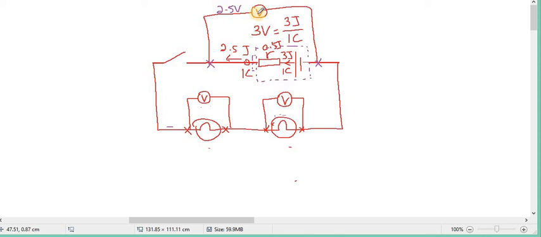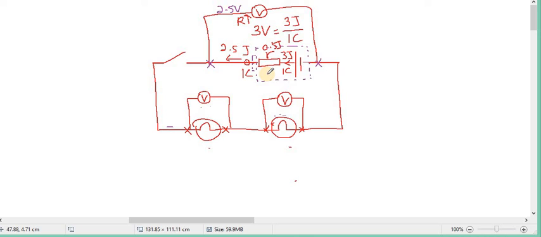So when the resistance of the voltmeter is extremely high, this voltmeter will get the vast majority of the work done. When the charge comes out, passes through the internal resistance and the voltmeter, almost all of the 3 joule will go to the voltmeter because the voltmeter has extremely high resistance.